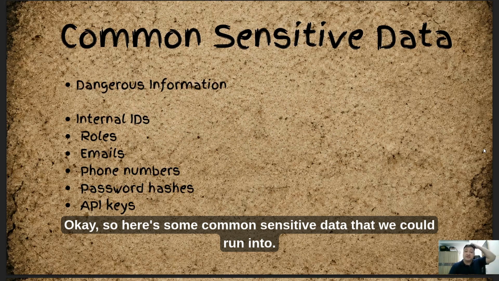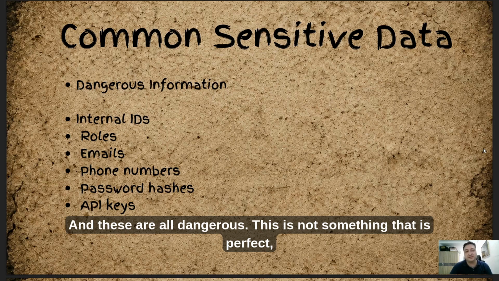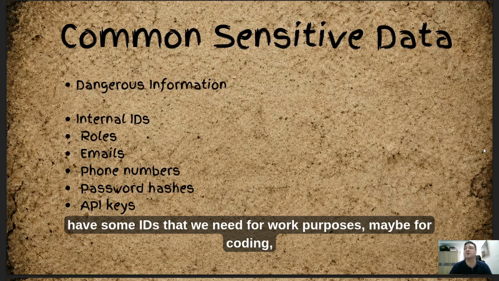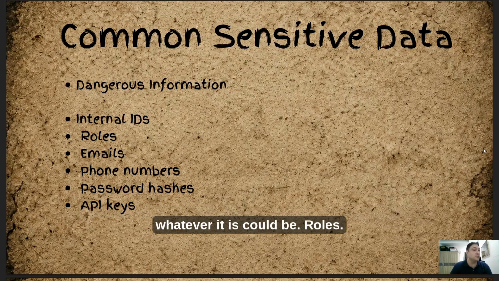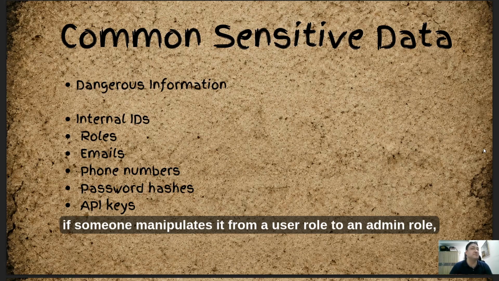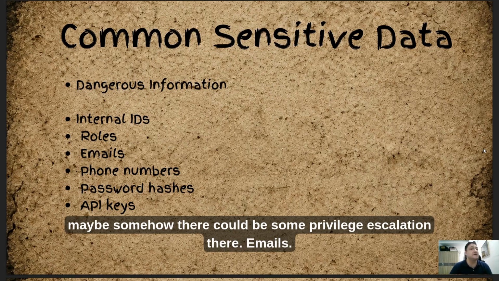Okay, so here's some common sensitive data that we could run into, and these are all dangerous. Internal IDs are important because maybe we have some IDs that we need for work purposes, maybe for coding, whatever it is. Roles: having access to roles could be dangerous because if someone manipulates it from a user role to an admin role, there could be some privilege escalation.